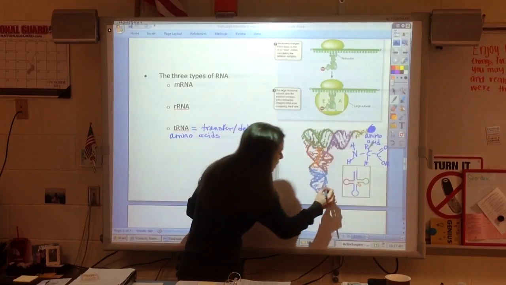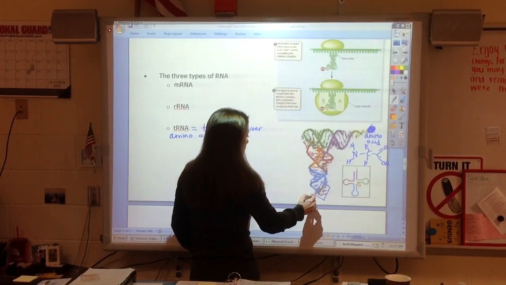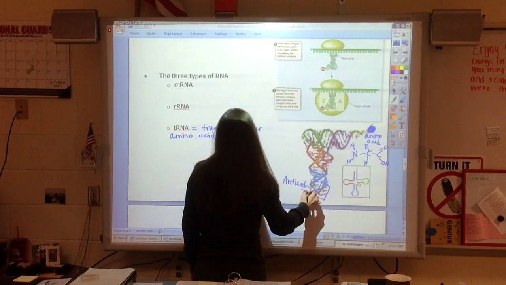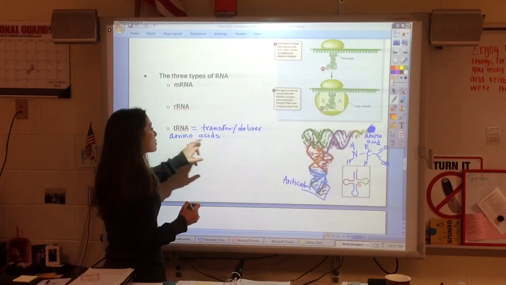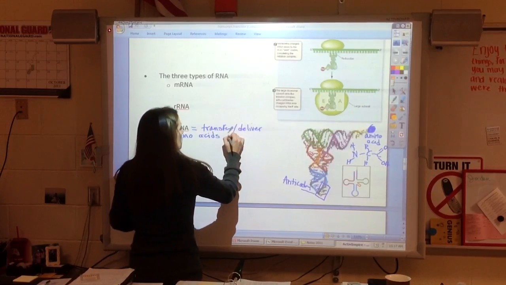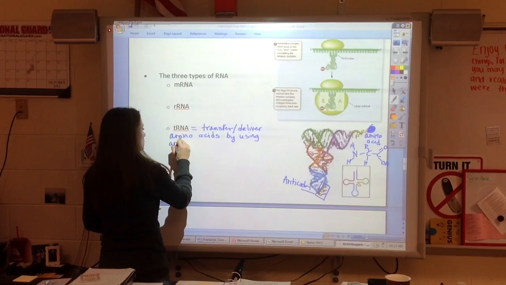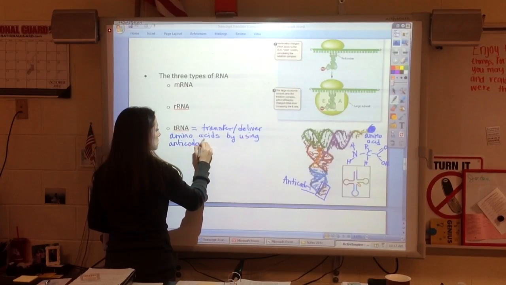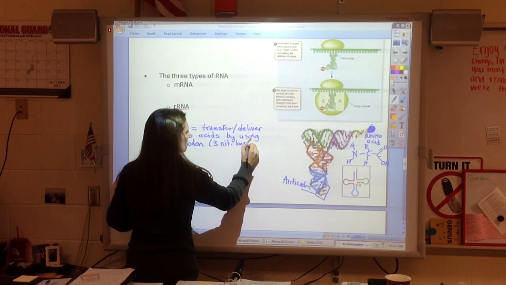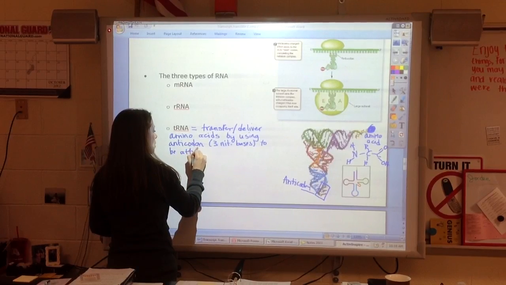And then we're going to have an active part down here called the anticodon. And the anticodon is going to help us do this transfer or delivery by using the anticodon sequence, 3 nitrogen bases, to be attracted to an mRNA codon.